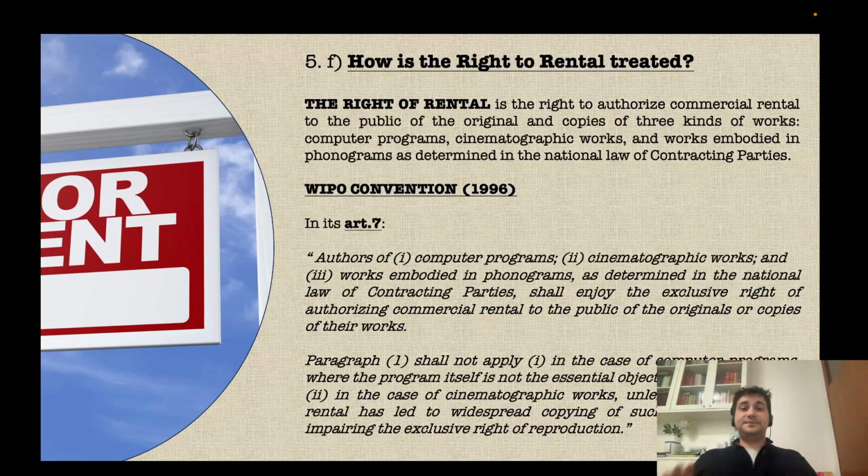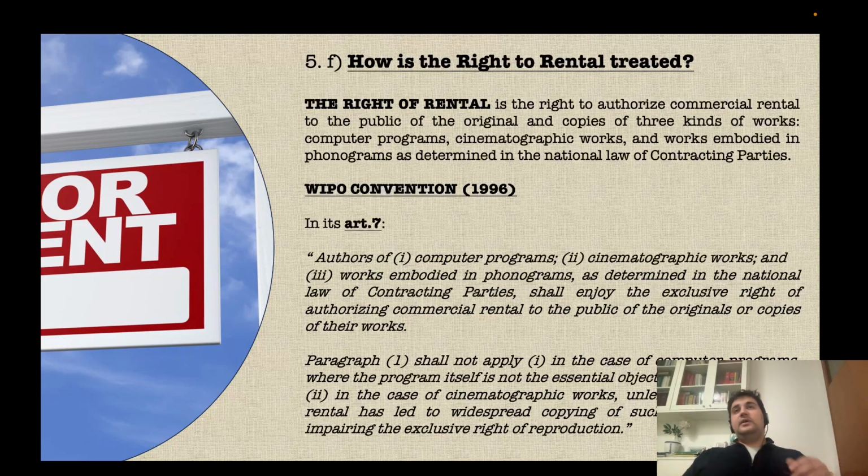So for now we have 3 and 2. From the Berne Convention, 2: remember the right of reproduction and the right of public performance, the right of reproduction at Article 9, the right of public performance at Article 11.